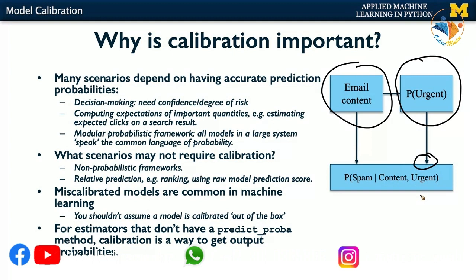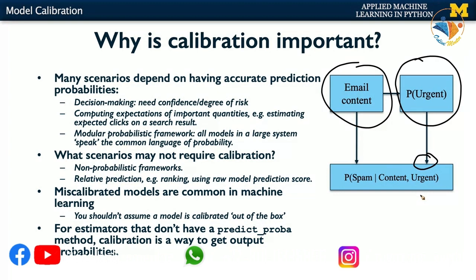In some scenarios, it may not be as important to do calibration. So for example, if your goal is to rank a set of things, like ranking search results, where the ordering is important, but the probability of relevance for those is not as important to explicitly calculate, then in some cases you could rely on just the raw model prediction score, just making sure that the rankings were accurate, but not necessarily caring about the specific probability of relevance of each of the documents.